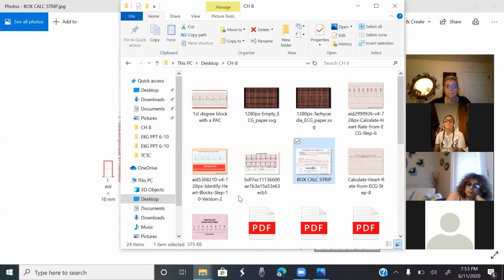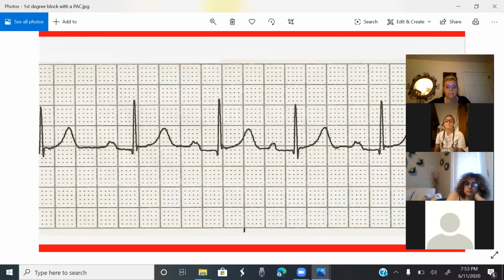Let's go back. Let's look at this. You tell me what this is. Can y'all see this one that's just the gray paper? So tell me, if this was a 6 second strip, which we're not, we're just seeing a blip because I want you to see this complex. Let's say it was a 6 second strip and you counted it.